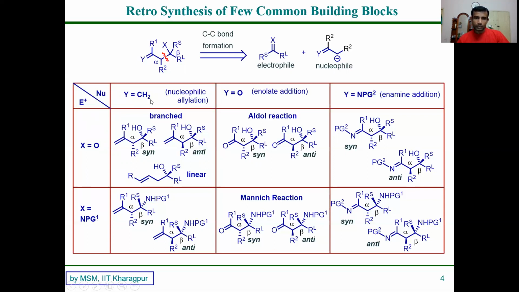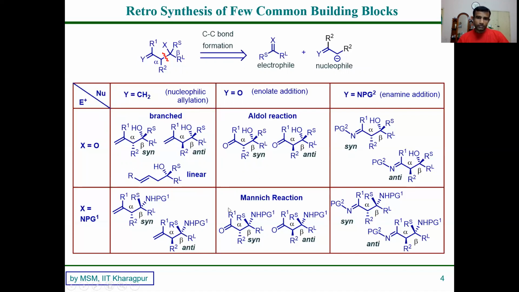On this axis, you can take allyl Grignard, Y equal to CH2; Y equal to oxygen is your enolate; and NPG gives the enamine addition. If you combine them, we get a 2 by 3 matrix, and a total of 6 types of product can be obtained. Interestingly, you will see that these reactions are not really difficult to learn.